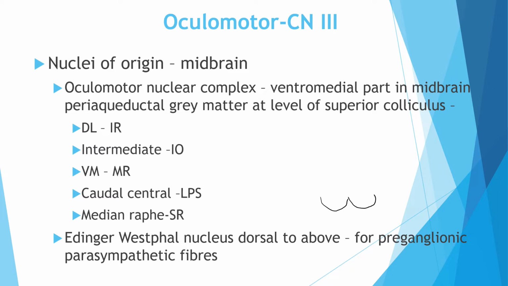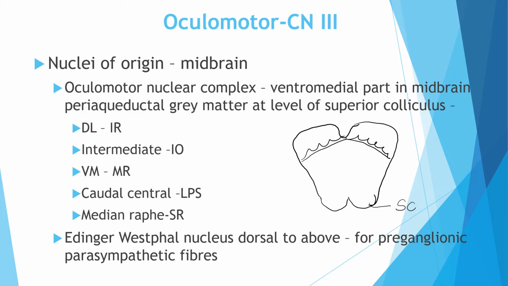In the tectum, these will be the superior colliculi, and towards the ventral aspect there is the crus cerebri. Behind is the tegmentum and anterior is the crus cerebri, and in between is the substantia nigra.